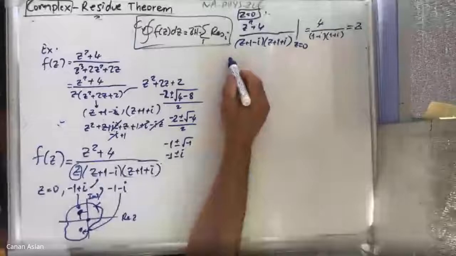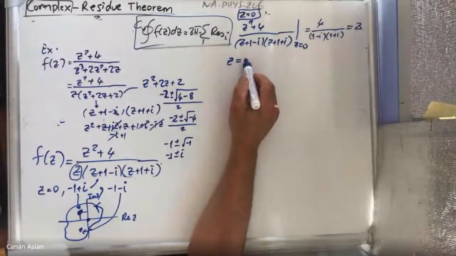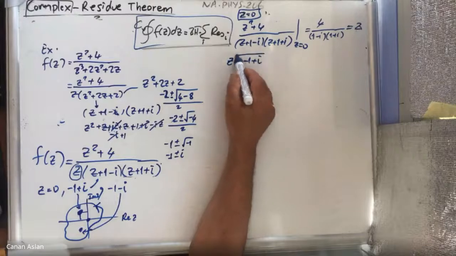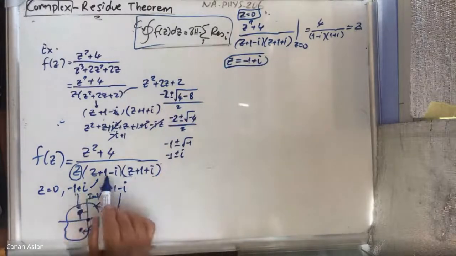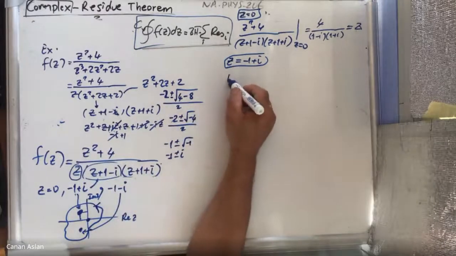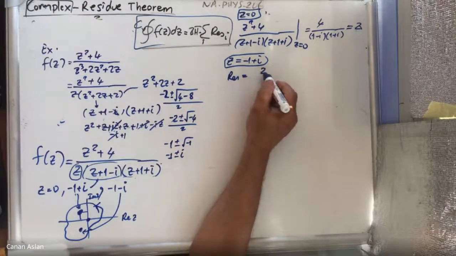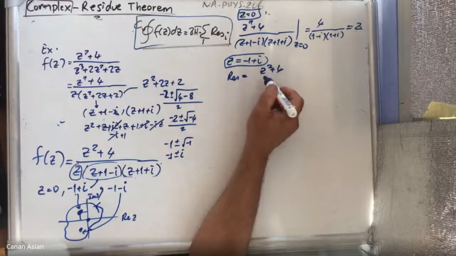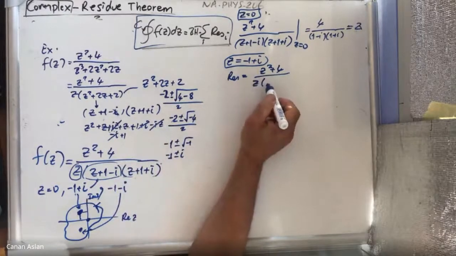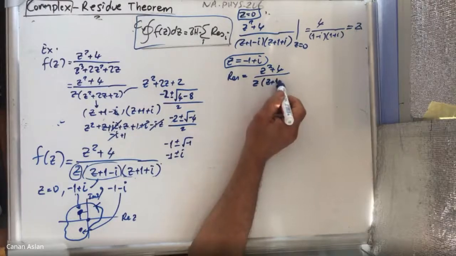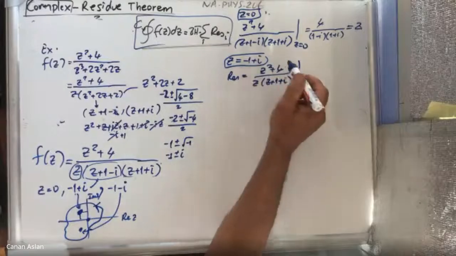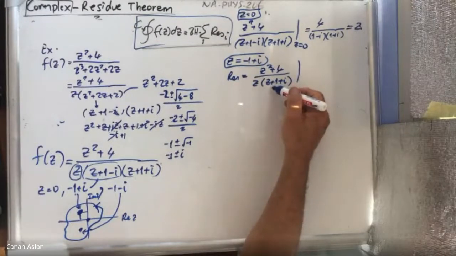Now let's calculate the residue at z equals -1 plus i, the second one. For this one, we get rid of this factor but write all the others. So the residue will be equal to z squared plus 4 on the top divided by, except this one, z times (z plus 1 plus i). Now z is replaced by this, but it's going to be a little bit complicated.